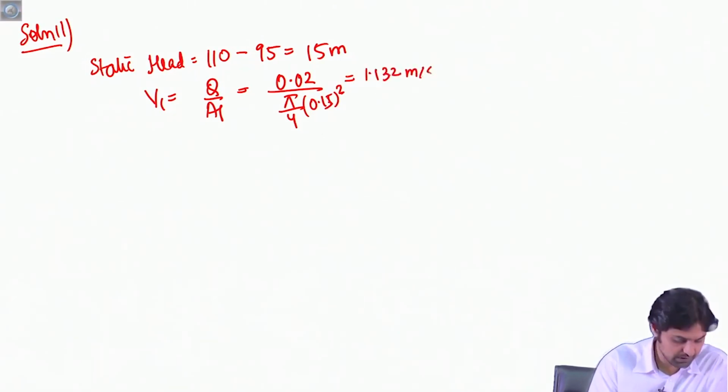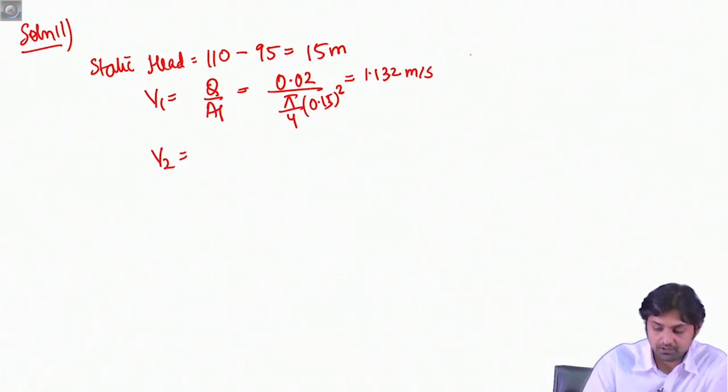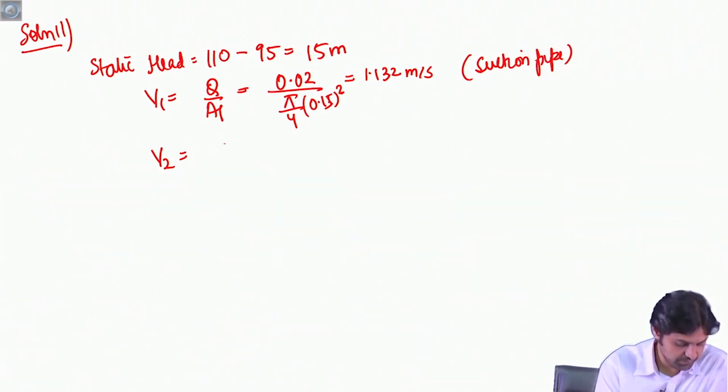So it will come out to be 1.132 meters per second. Similarly, for the delivery pipe, that is the velocity in the delivery pipe, this is the suction pipe and V2 is the delivery pipe.